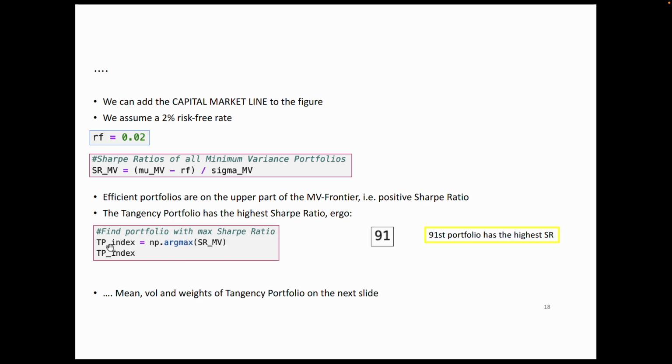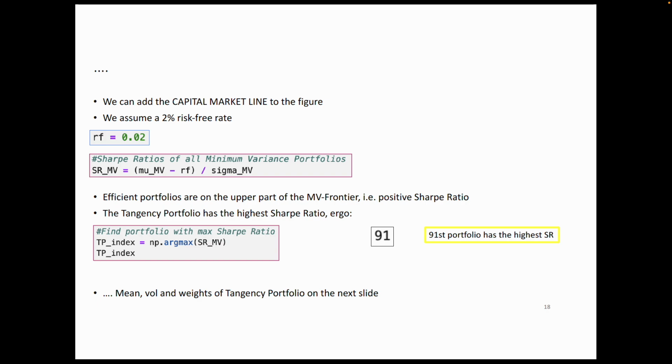You see the notation I'm using, TP, tangency portfolio, using the textbook-like notation. The TP is the tangency point, tangency portfolio, and that's the index of it. Here I make a printout for you, and you see it's 91. So it means it's the 91st portfolio out of my 400. So it's in the lower fourth, in the lower 25% of my expected returns.